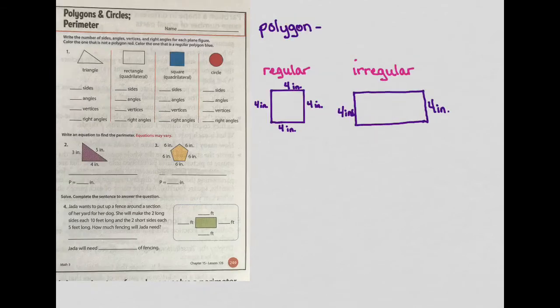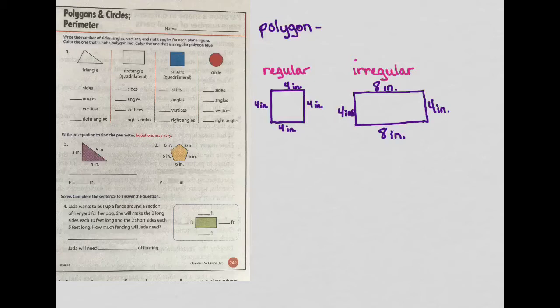But maybe the long sides are 8 inches long. All right, so you can see regular means all 4 sides are the same in length. Irregular means they are not all the same in length.